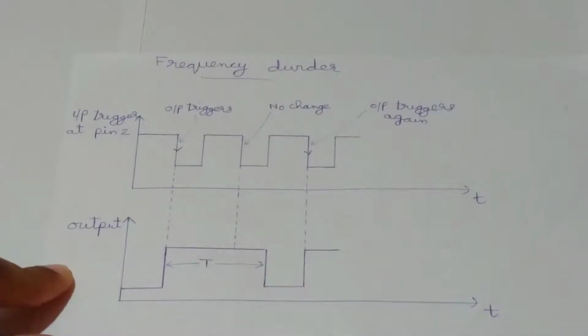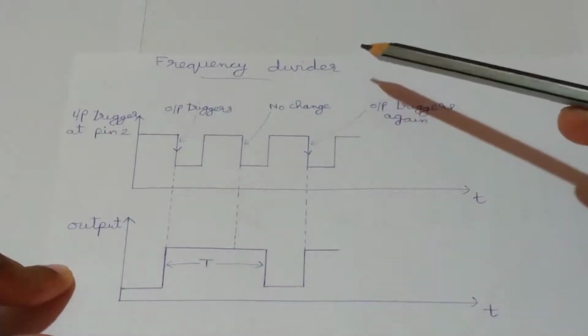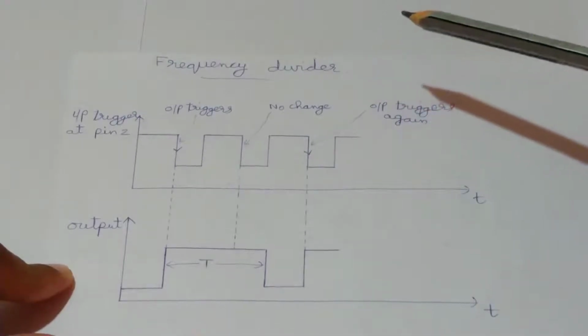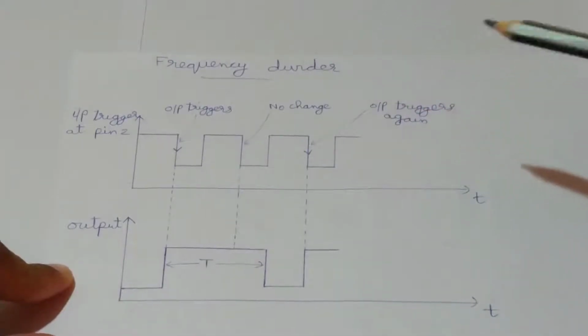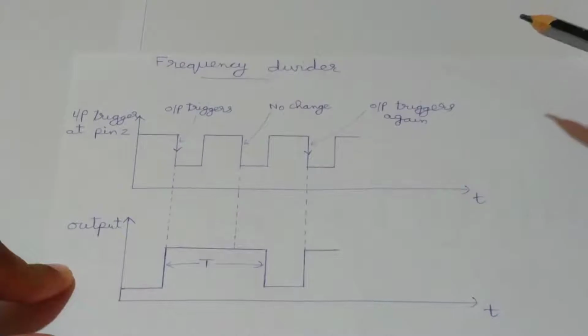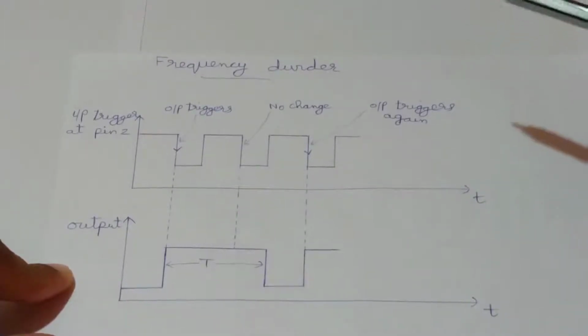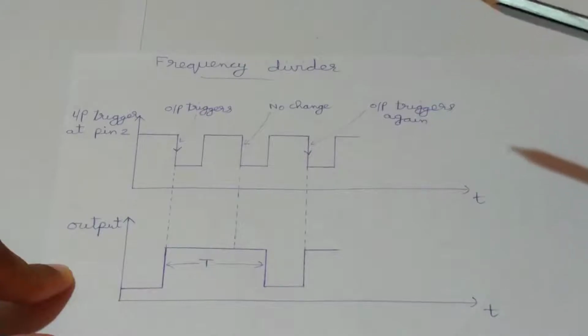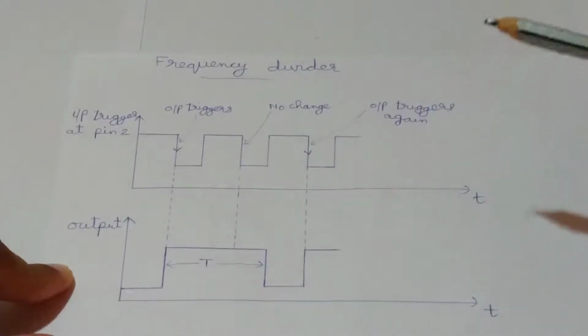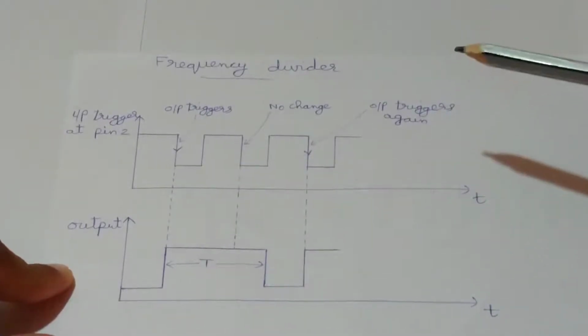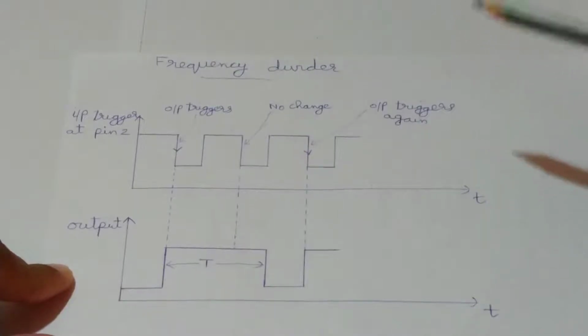Now let's consider the application as a frequency divider. The monostable multivibrator, when continuously triggered by a square wave signal, can be used as a frequency divider if the timing interval T of the monostable multivibrator is designed to be longer than the period of the triggering square wave signal.